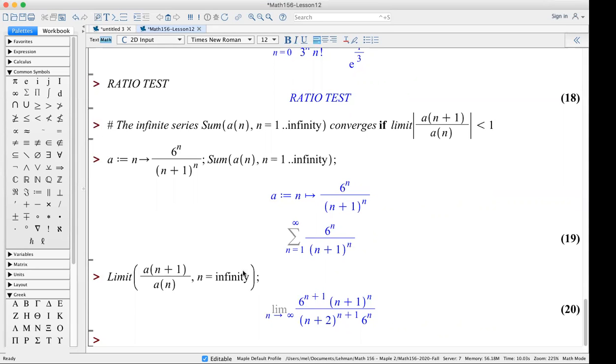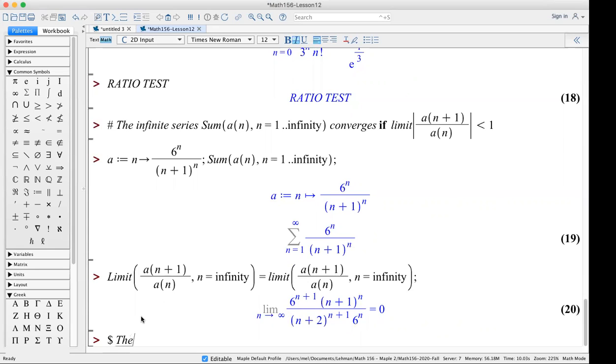That's what we want. Huh. The limit is 0. 0 is less than 1, so the infinite series converges.